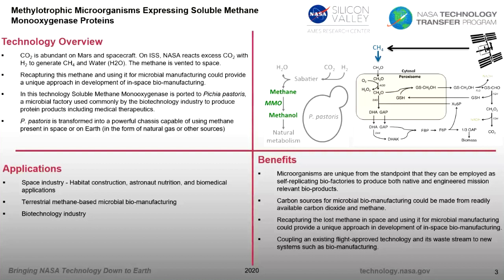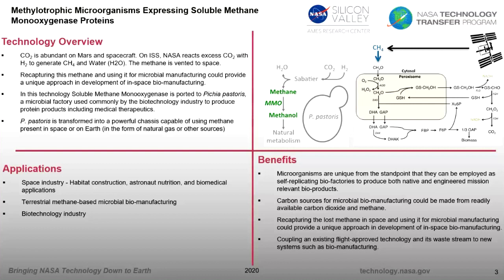What we describe is a way to express methane monooxygenases, or MMOs, from bacterial species within Pichia pastoris to allow Pichia to now use methane as a carbon source. Now, this invention is directly applicable to our goals in that it would allow the utilization of methane produced by Sabatier in spacecraft, or eventually in destinations like Mars, for an in-space manufacturing process based upon Pichia pastoris.